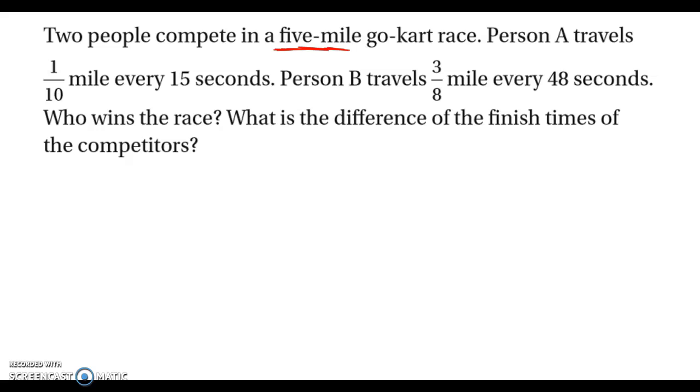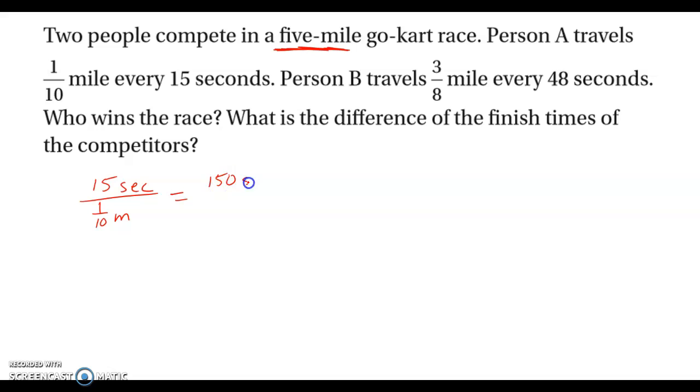So for me, I'm going to go ahead and I want to get it to 5 miles. So I'm actually going to do how long does it take to go per mile? So 15 seconds per 1/10 mile. If I was to do that at a unit rate, I would do 15 divided by 1/10, which is 150.